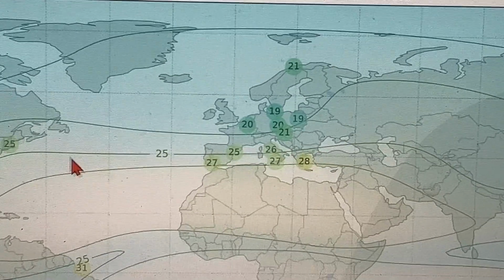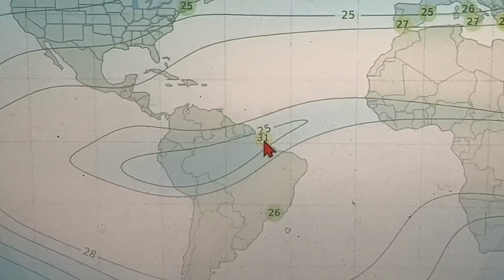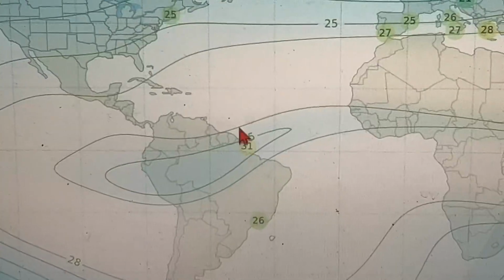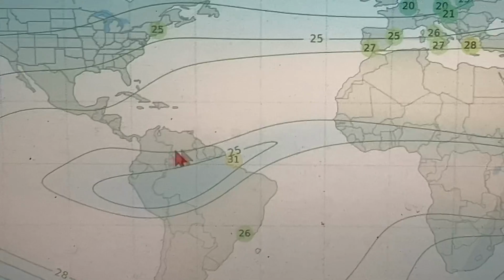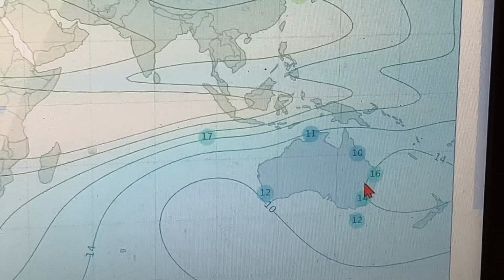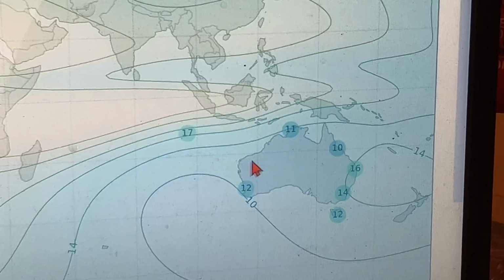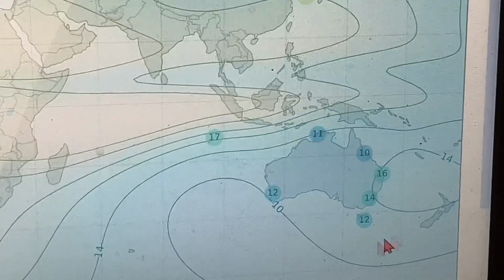Also down here in South America, you got 31 megahertz, 26, 25, so any of the bands I just mentioned. But if you go over to Australia, where it's nighttime now, you'll notice there's 12, 14, 16, 10, 11, and 12 megahertz.